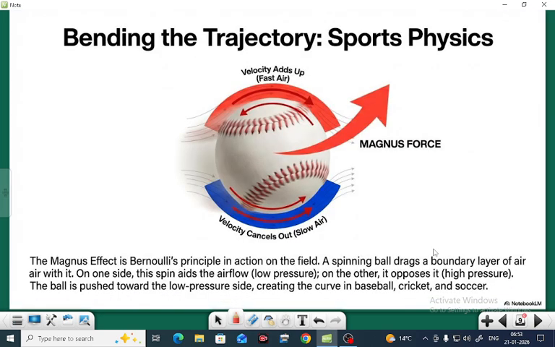Next important is bending the trajectory, or sports physics. This is very much important, sports physics. It is also known as the Magnus effect. Here you see when the ball revolves in this way, the velocity adds up.